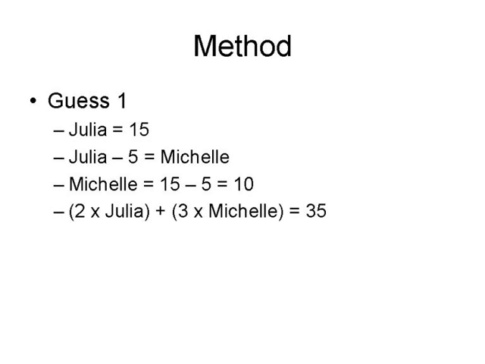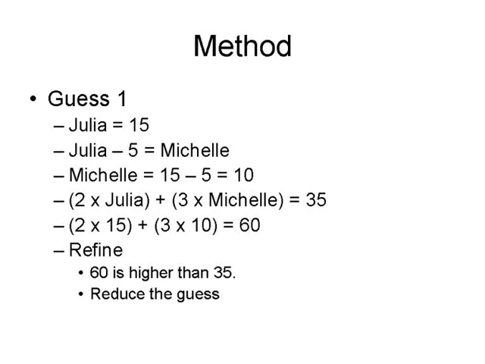And then I bring out my second thing I know. I times Julia's age by 2, and I add 3 times Michelle's age, which should equal 35. Let's do it. 2 times 15 is 30, plus 3 times 10 is 30, so adding them together is 60. Is that right? No. 60 is higher than 35, so I need to reduce my guess. I need to refine it.